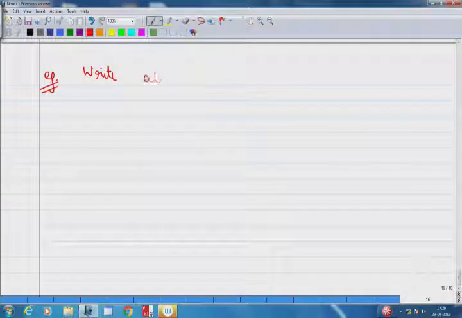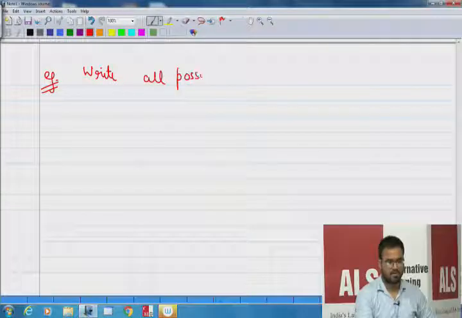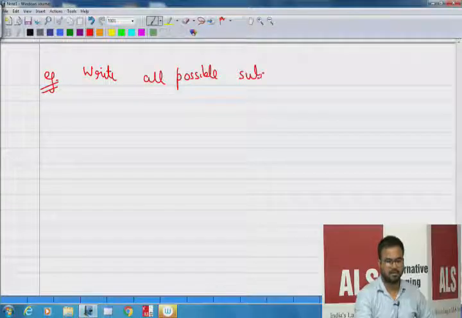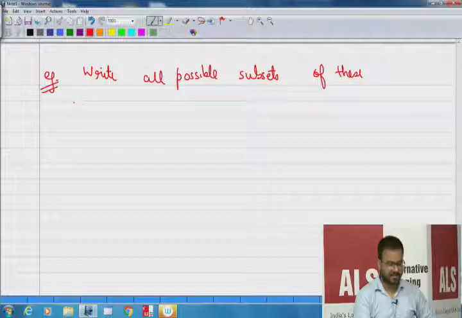Okay, so just one example. Write all possible subsets of these. So you have to write all the possible subsets.